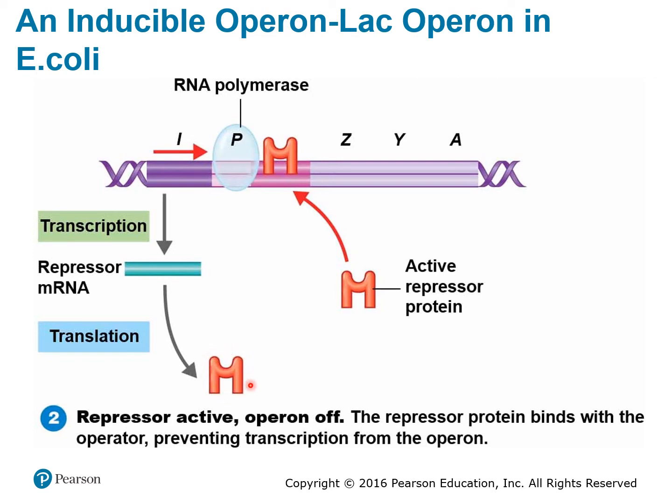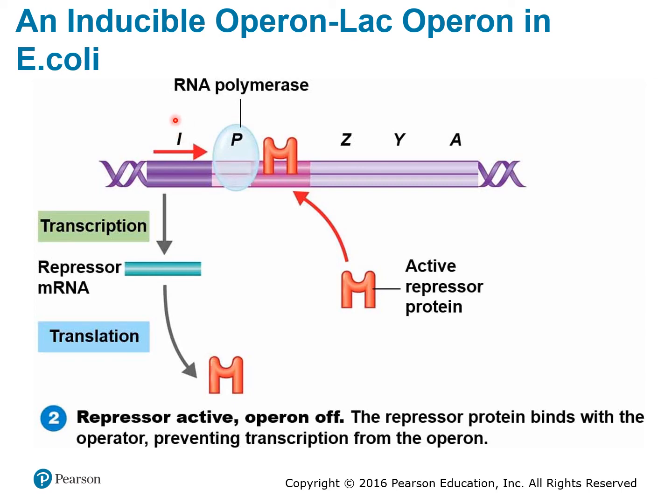So right here, the transcription and translation has resulted in the production of a repressor protein. This repressor protein is active, and what it does is it goes ahead and it binds to this sequence right here. This sequence is the operator sequence.